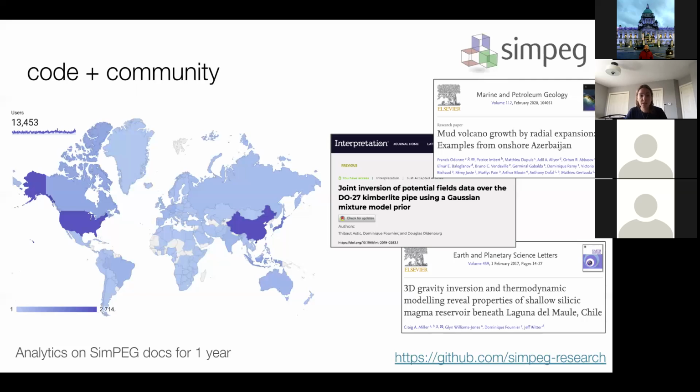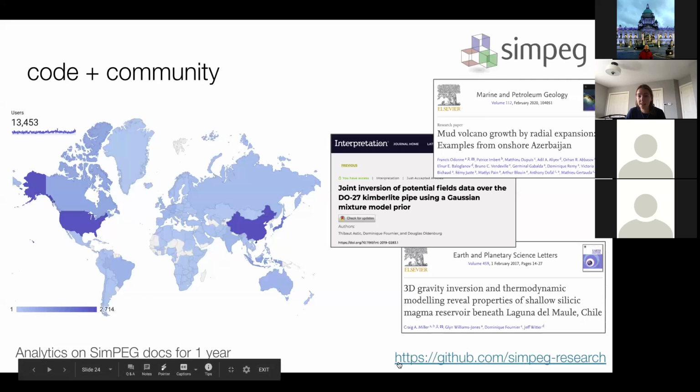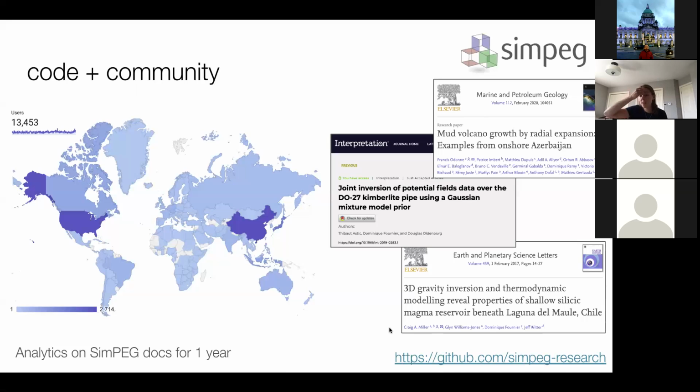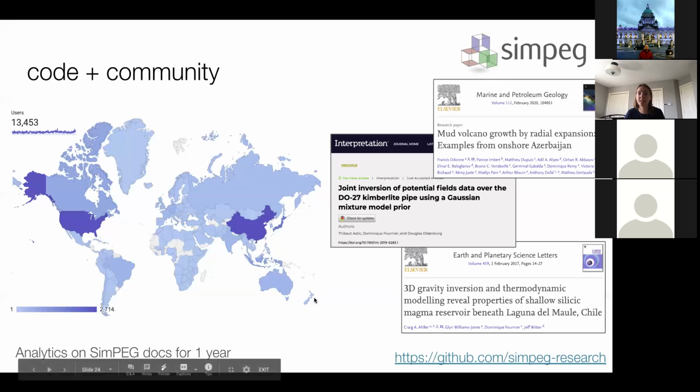One link that I've put down here, github.com/SimPEG research, is a GitHub organization where a lot of the active research projects are putting code. You'll see a lot of repositories there that contain notebooks for active research projects or that go alongside publications. A lot of the publications done by folks in the SimPEG community will have code associated with them. So if you want to get up and running or play around with their results, you can.